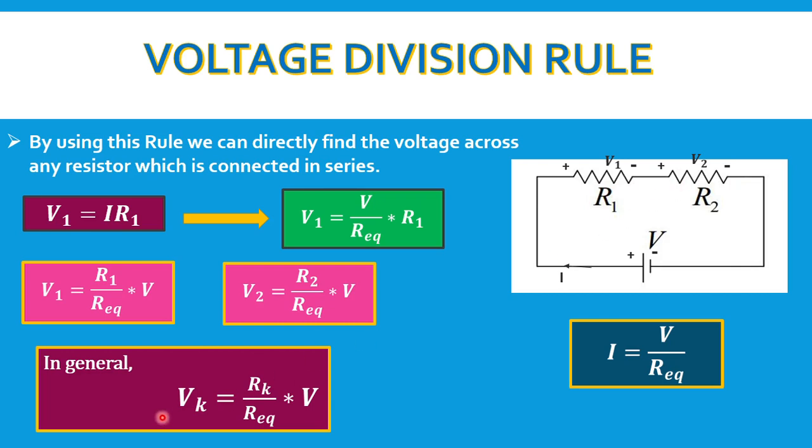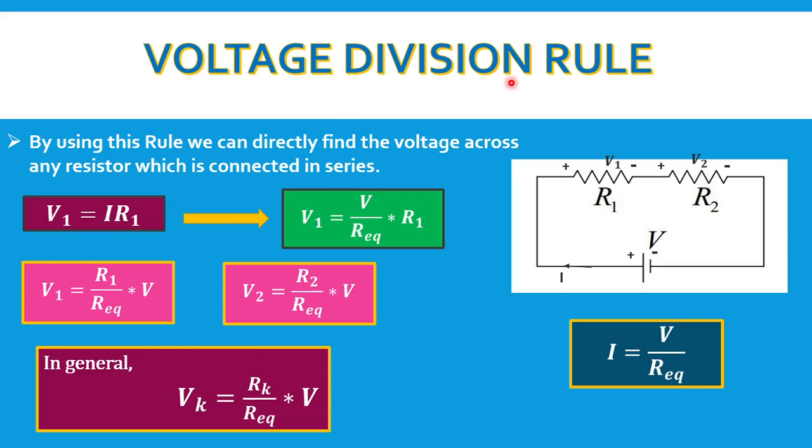Then the expression for the voltage across the kth resistor will be Vk is equal to Rk upon R equivalent into V. That means we take the value of the kth resistance in the numerator, upon the equivalent resistance, which, because they are connected in series, is nothing but the sum of all the resistances, into the supplied voltage.